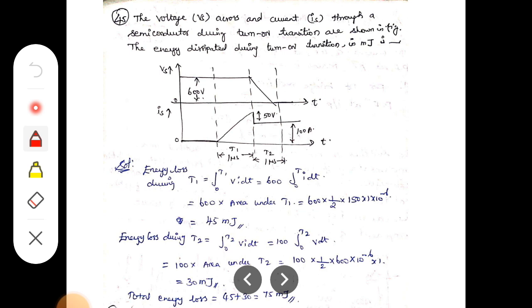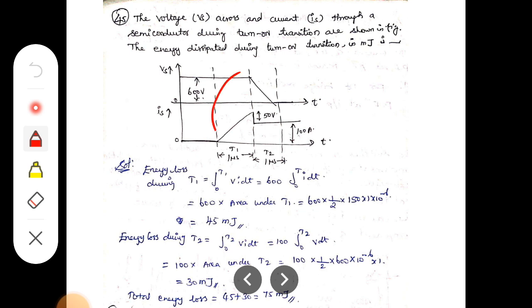In this, the energy loss during the time period T1 is calculated as the integral from 0 to T1 of Vi dt. The maximum voltage value is 600 in this period, so 600 times the integral from 0 to T1. I is variable, but voltage is constant in this figure.